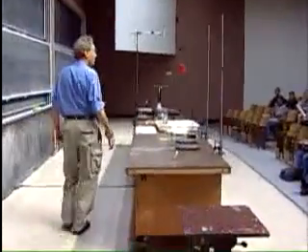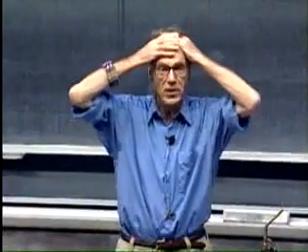So now comes the question, when does the first law work? Well, the first law works when the frame of reference is what we call an inertial frame of reference. And an inertial frame of reference would then be a frame in which there are no accelerations of any kind. Is that possible? Is 26-100, this lecture hall, an inertial reference frame?